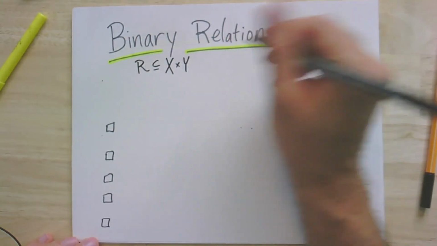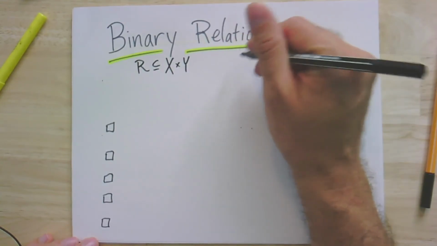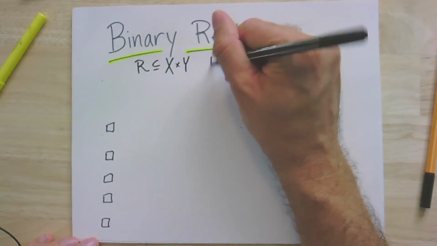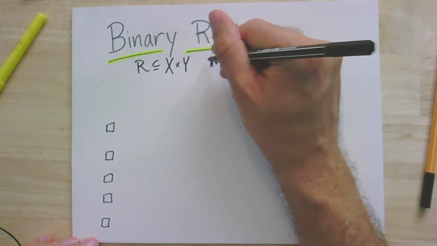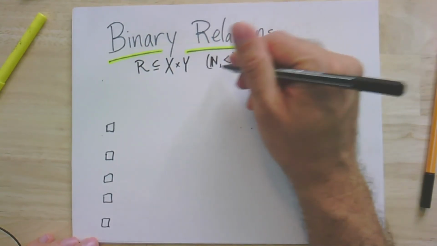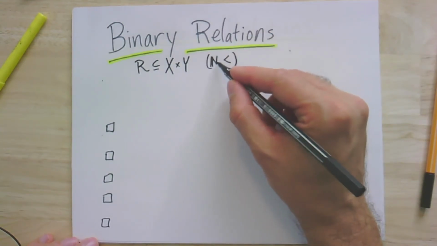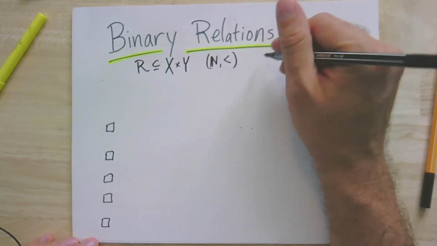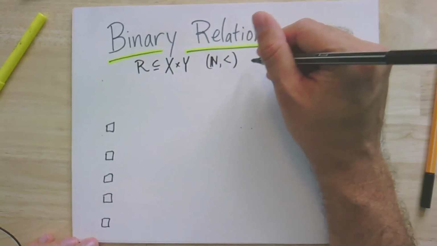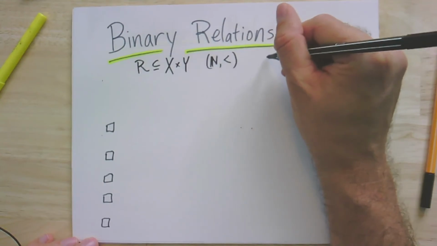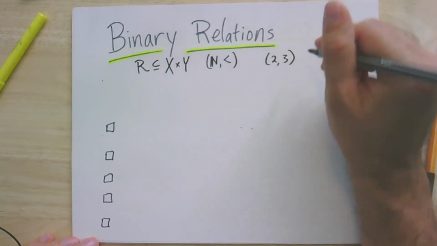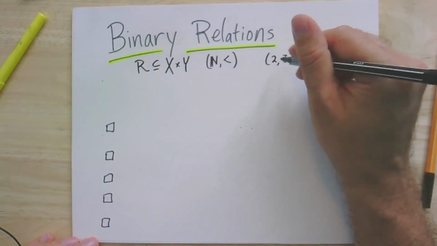But for instance, if you took the natural numbers and the less than relationship, this is a relation on N cross N. It's a subset of N cross N. There are pairs of numbers, for instance, 2, 3, would be in this set of pairs.